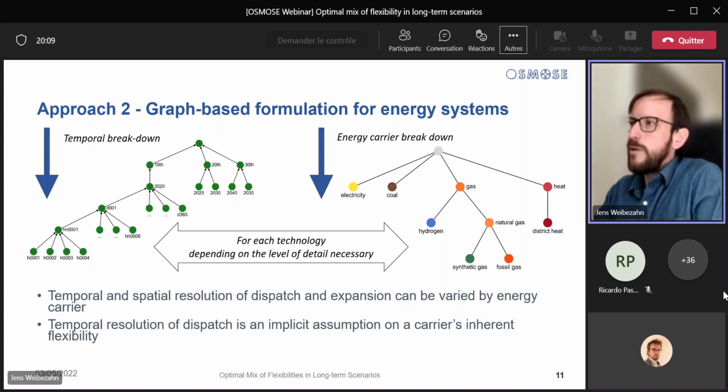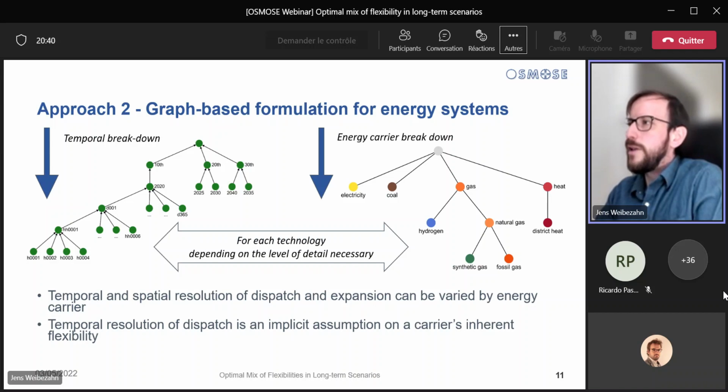So, for example, we could have electricity here with an hourly modeling, because this is important for the electricity sector, so that we can make sure that the security of supply criteria are fulfilled. But if we, for example, look at the gas sector, then there is some inherent flexibility in the gas system, which is why it could, for example, be enough to model it only on a daily basis, while, for example, for the heat sector, we could look at a 4-hour basis.